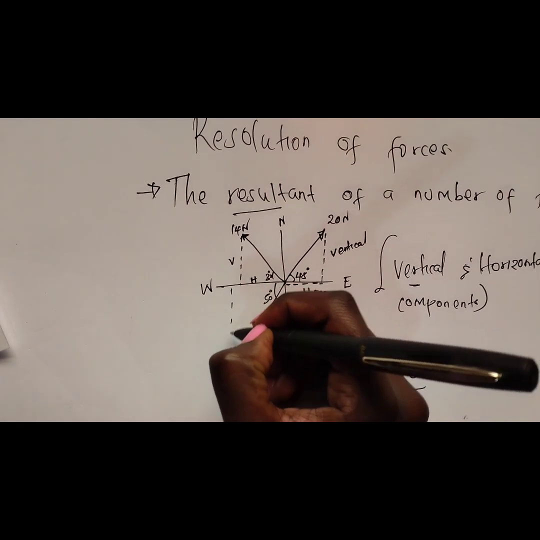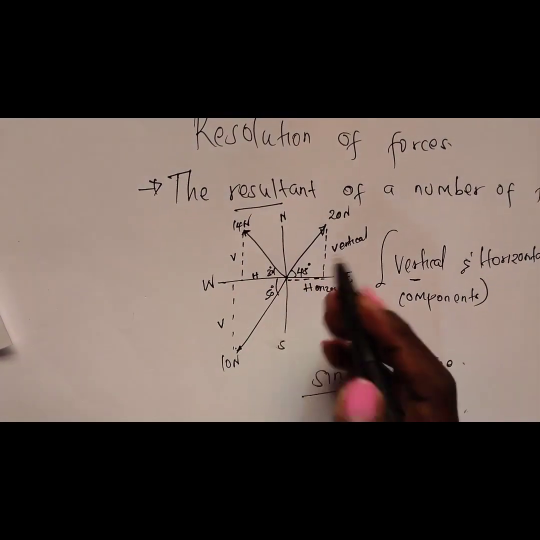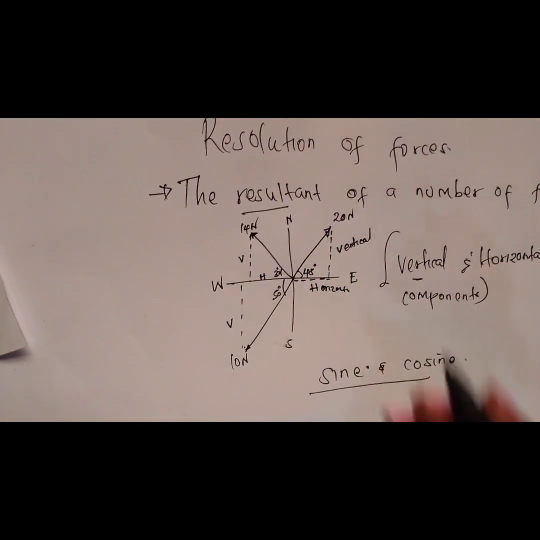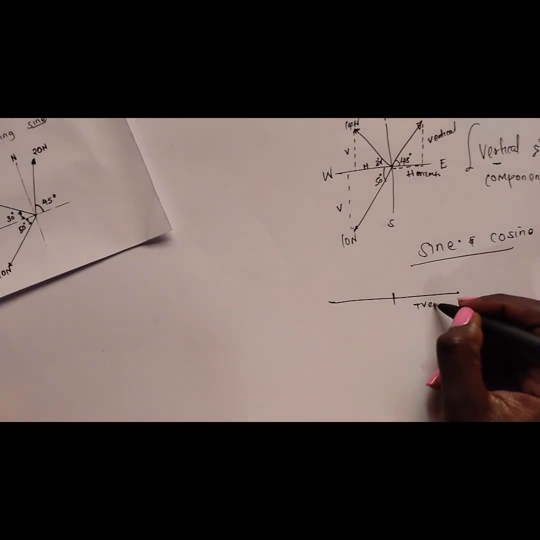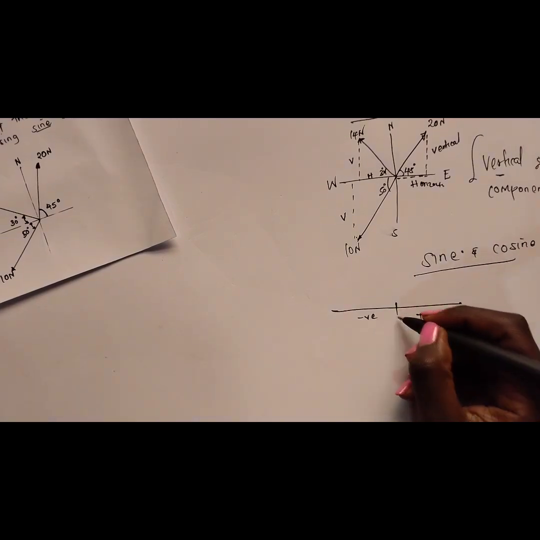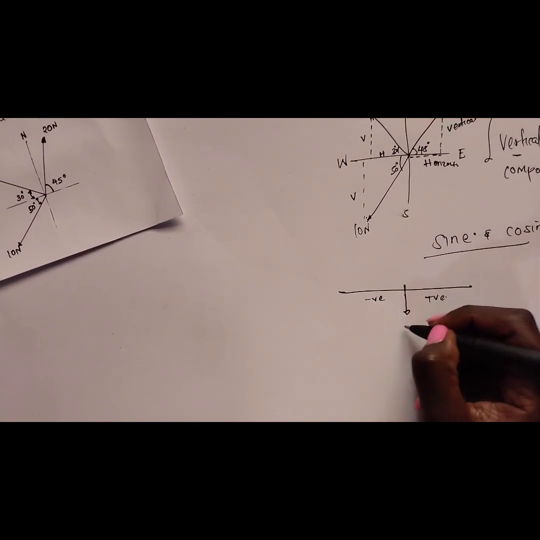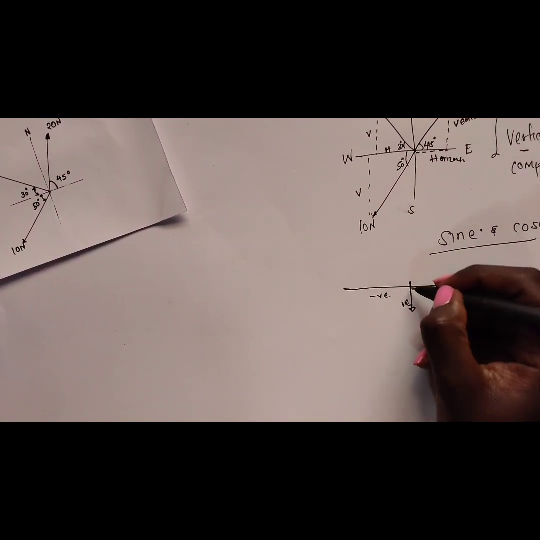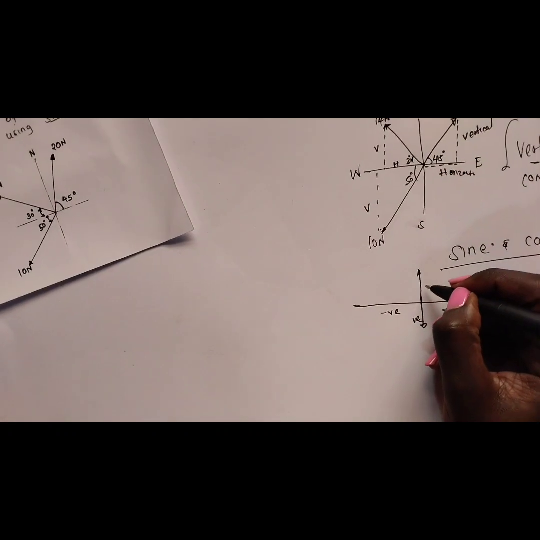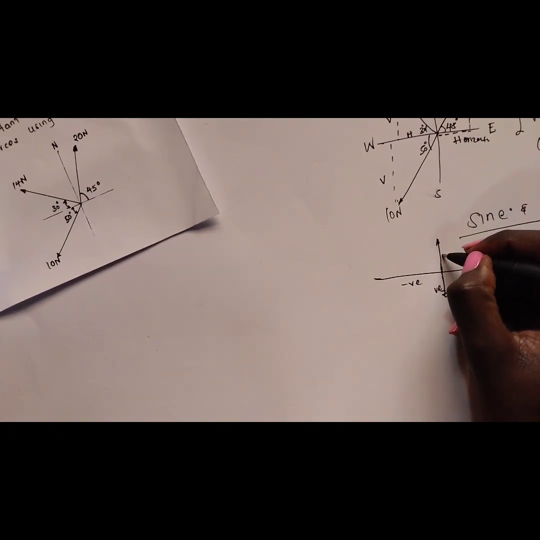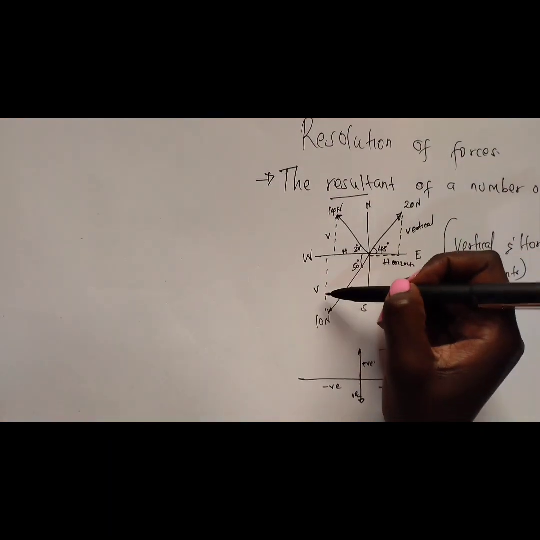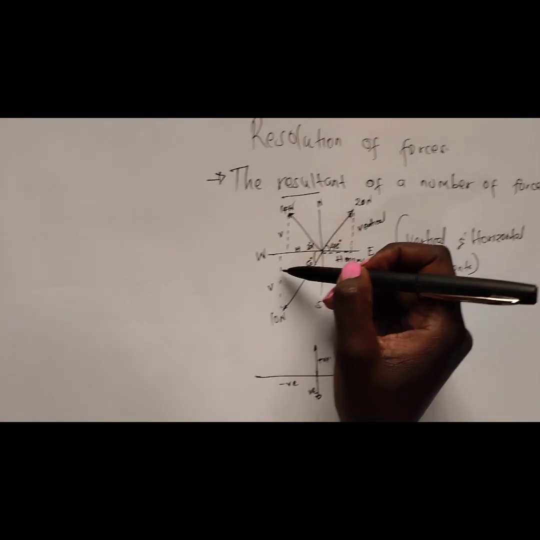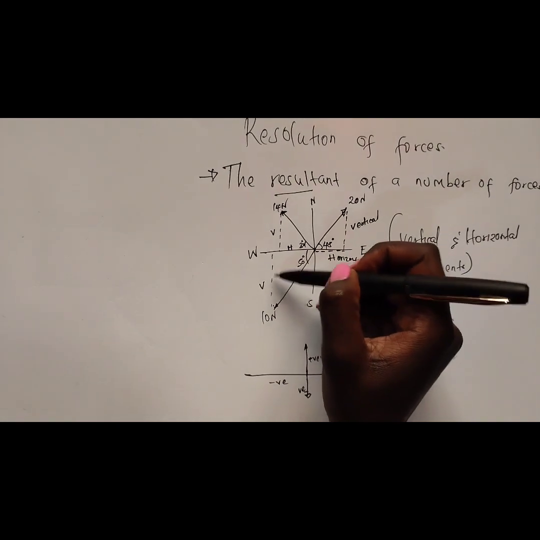For the 10 newton force, this would be its vertical component, and remember it's on the opposite side, because if we have a number line like that, upward would be positive and downward negative. So for the vertical of the 10 newton force, it will be negative.